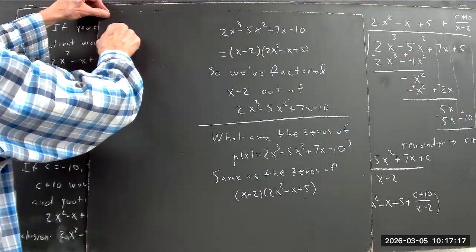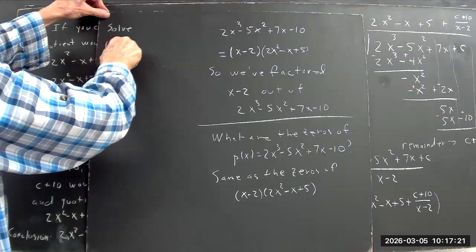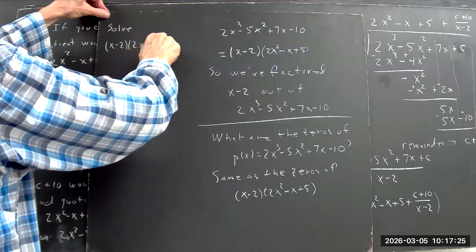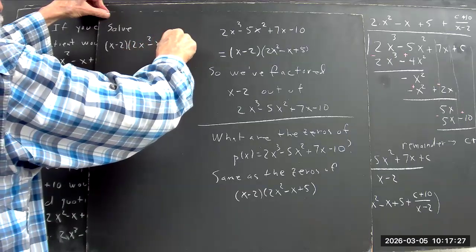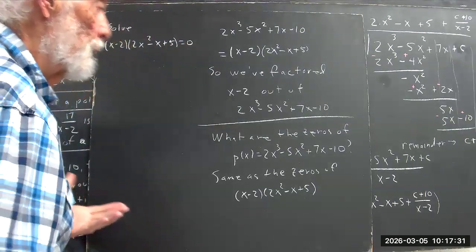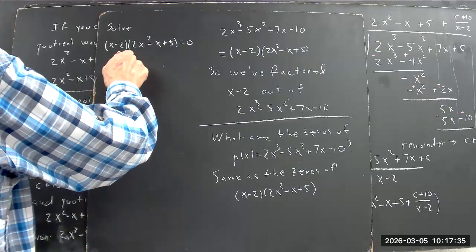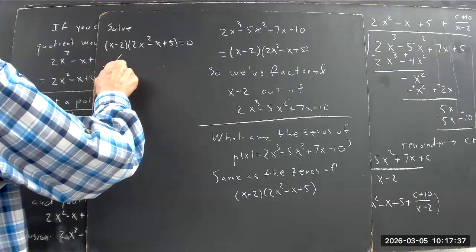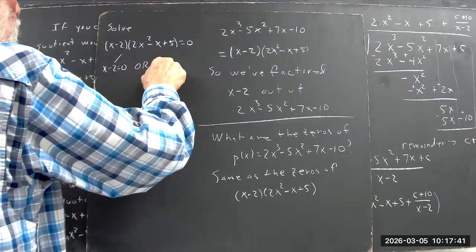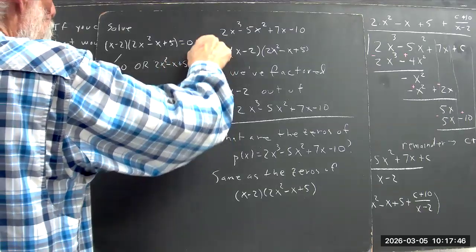We want to find the zeros, so we have to solve the equation x minus 2 times 2x squared minus x plus 5 equals 0. How do we solve that equation? We use the zero property of multiplication, and we determine that either x minus 2 equals 0 or 2x squared minus x plus 5 equals 0.